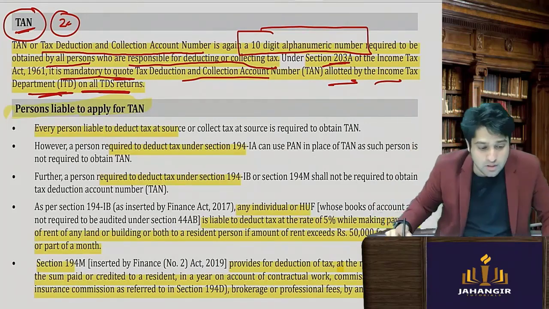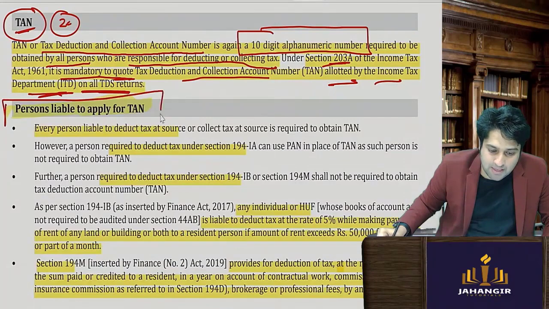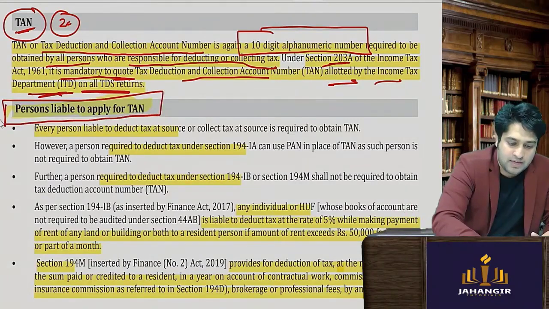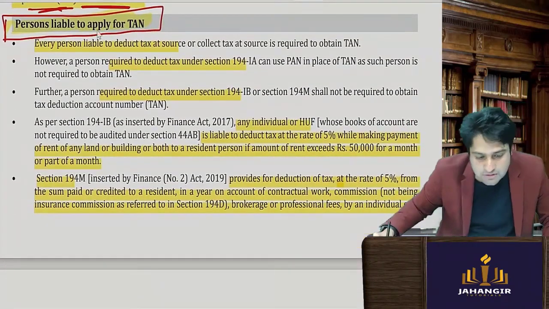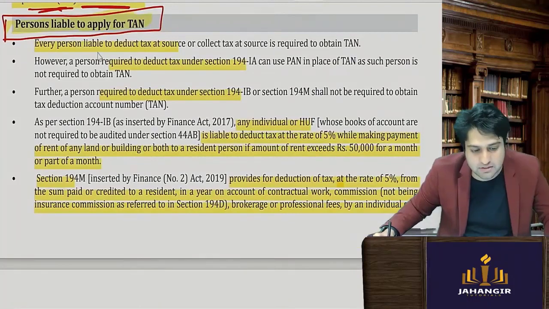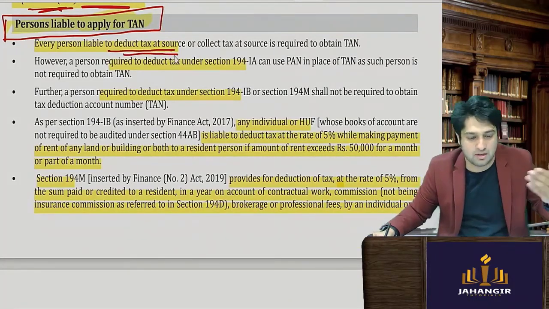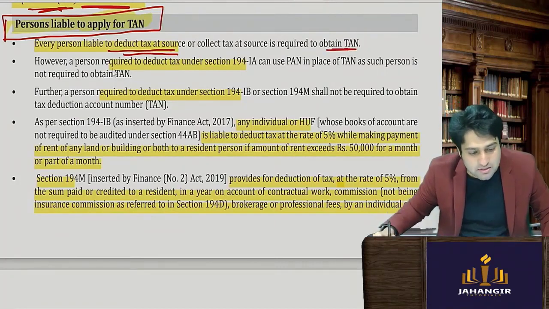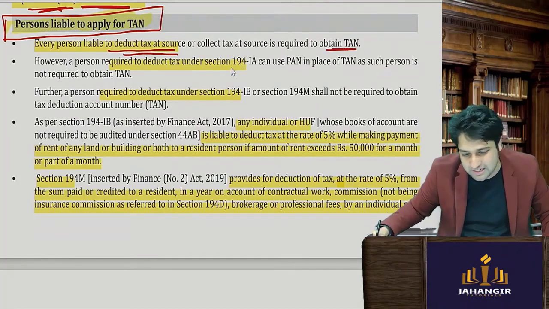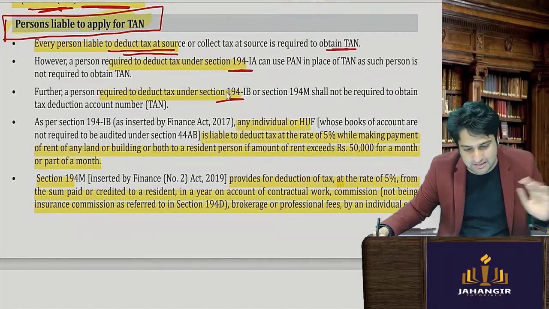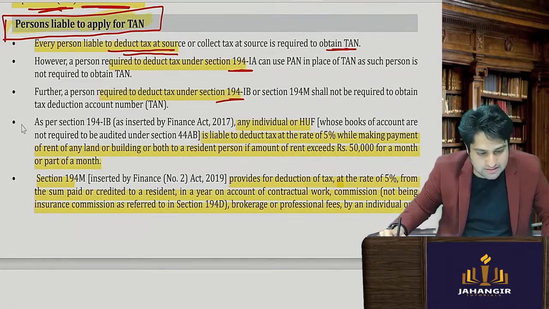Okay. Now persons liable to apply for TAN, very simple. Every person liable to deduct TDS will have to obtain a TAN. Second, however, they have given you two sections, not important, these people are exempted. Now let's see this.